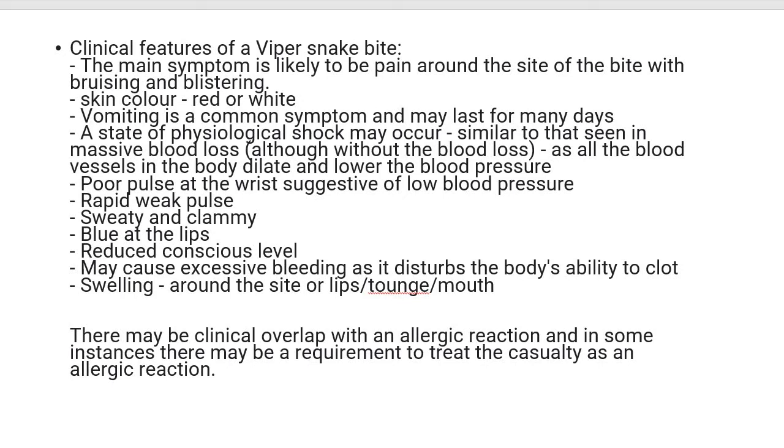Poor pulse at the wrist is one of the features of shock, so the blood isn't circulating around the body as efficiently as it should do. So you may have a weak, thready, or very rapid pulse. They might be all sweaty and clammy. Conscious level may be affected, and in some of the latter stages, it may affect the body's ability to form blood clots, and so you may find very excessive bleeding from relatively minor cuts or scratches.